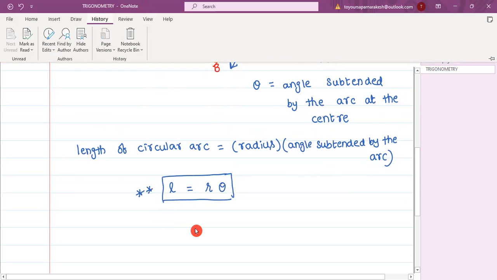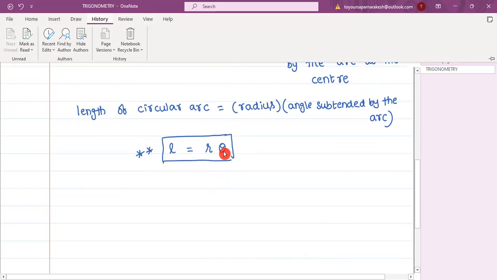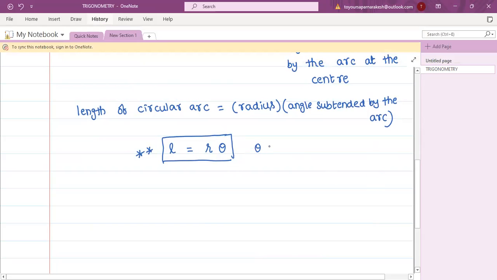But one condition: in this equation, theta should be in radians. That means we have to write theta in terms of pi.